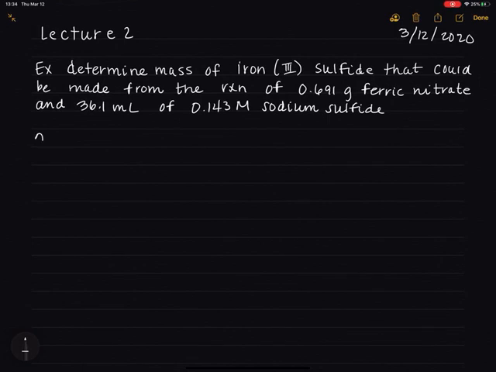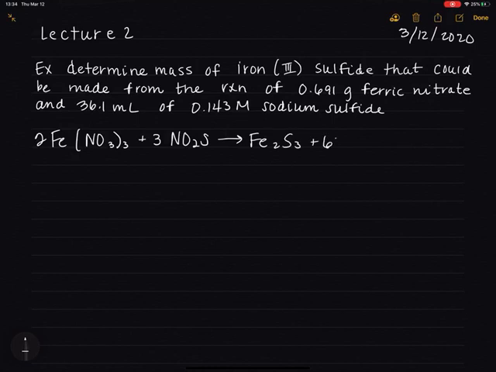Moles of ferric nitrate need to go away. What am I being asked about? I'm asked about the iron sulfide. Where do I find the numbers for this? The equation, my chemical equation.